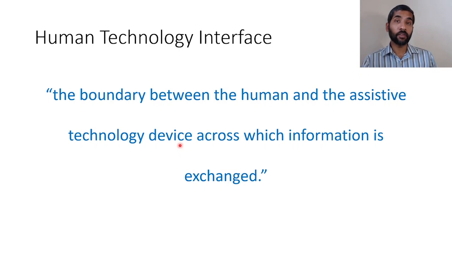If a human wants to use assistive technology, he wants to tell the assistive technology what to do, or the assistive technology needs to know when it needs to assist the human being. So there has to be some information transfer, and that information transfer is done by the human technology interface.